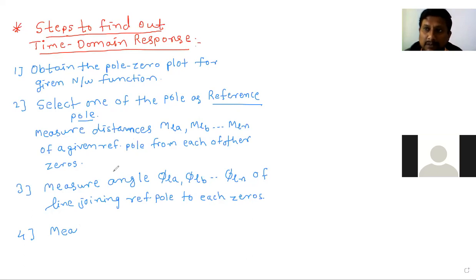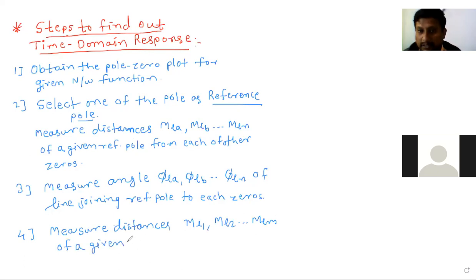Now with respect to the reference pole and remaining poles, measure distances ML1, ML2 up to MLM, कारण m number of poles असतील, of a given reference pole to remaining poles. रेफरन्स पोल सोडून दुसरे जे काही पोल्स असतील आणि रेफरन्स पोल त्यांच्यातलं डिस्टन्स फाइंड आउट करायचं आहे.